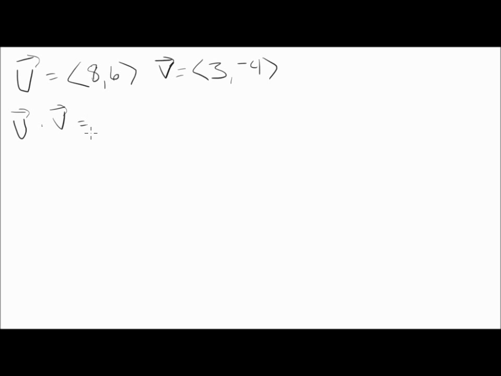So let's take our first times our first. So we have 8 times 3. And then let's add our second times our second, which is 6 times negative 4. So 8 times 3 is 24. And then we have 6 times negative 4, which is also 24. So it's minus 24. So 24 minus 24 is 0.